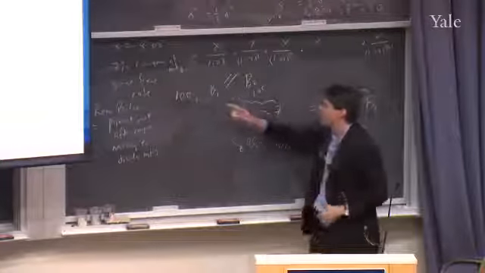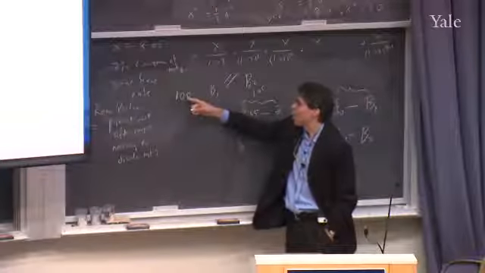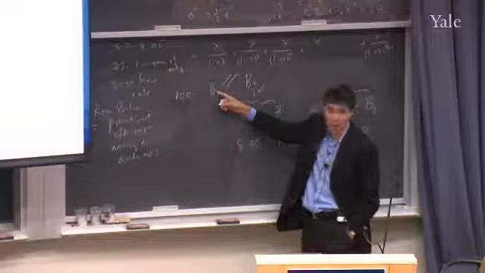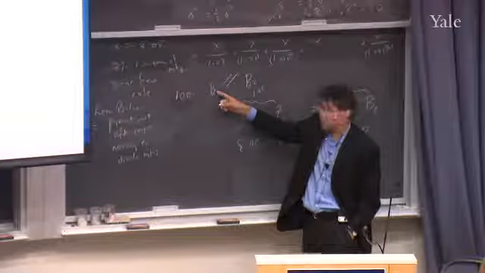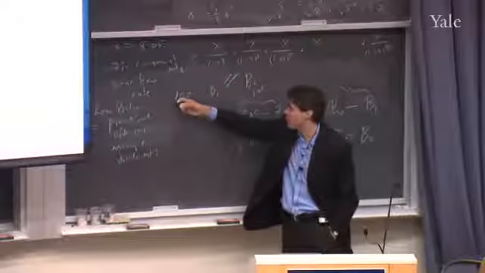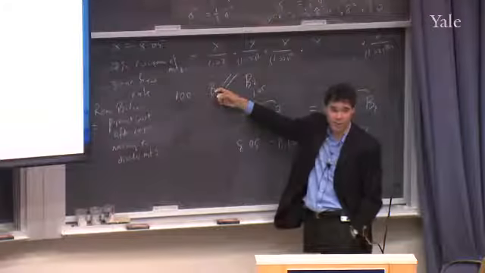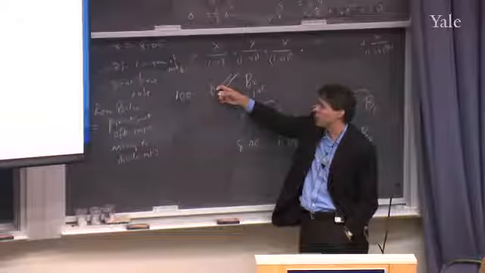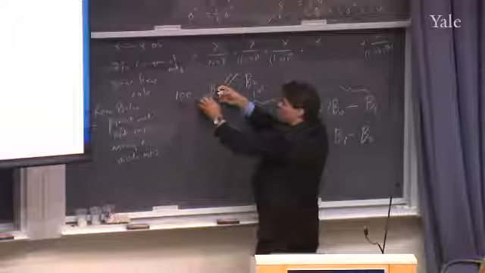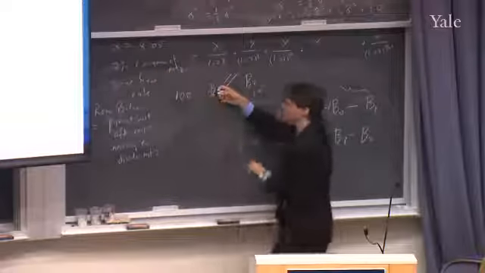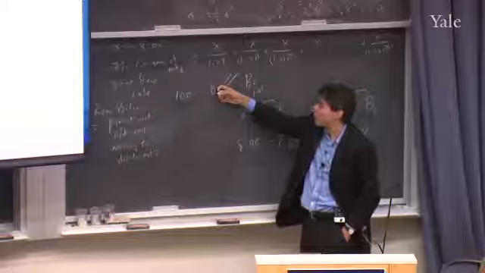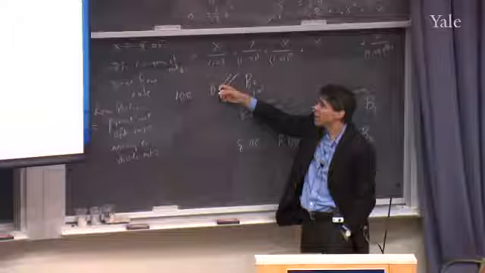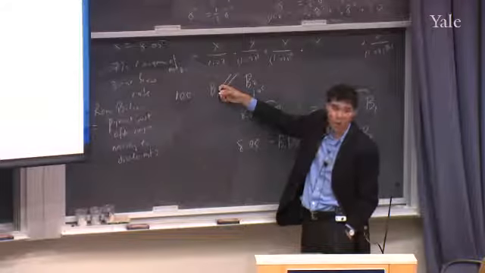Okay, so let me just say it again. You borrowed 100. The next year, you owe 107. We've already taken into account the interest rate. So we're sitting in next year, we're no longer sitting back here. B1 is as of next year. So the lender should be owed 107 now, because he lent 100 last year and the agreed upon interest is 7%. What is he getting? He's getting 8.05. So what's left is 107 minus 8.05.